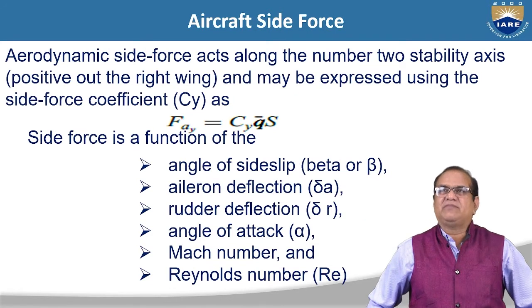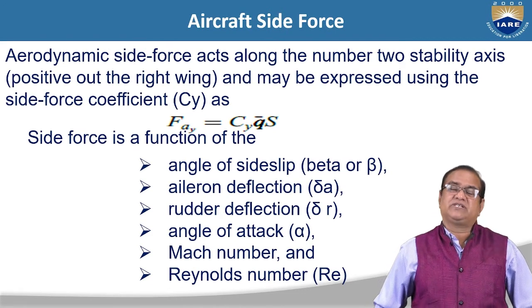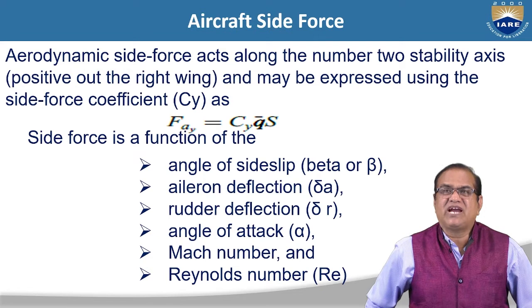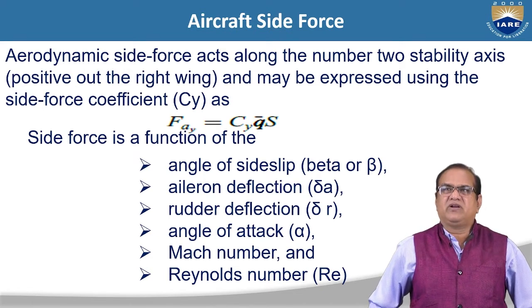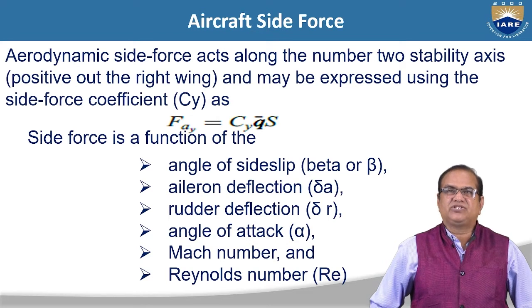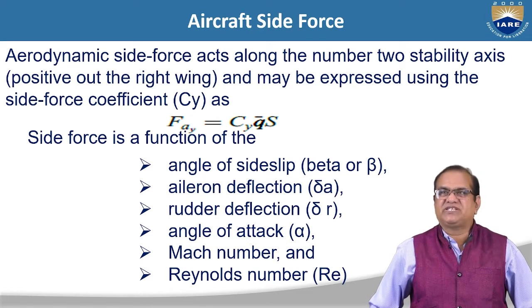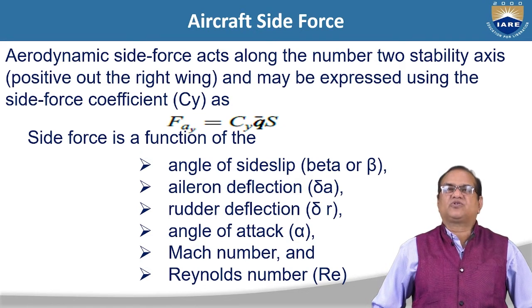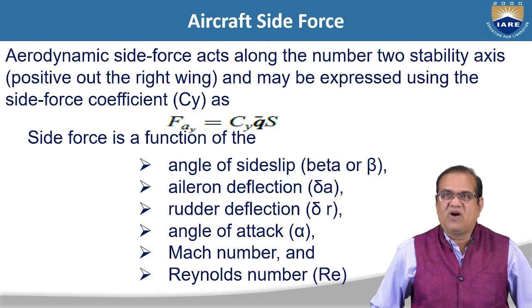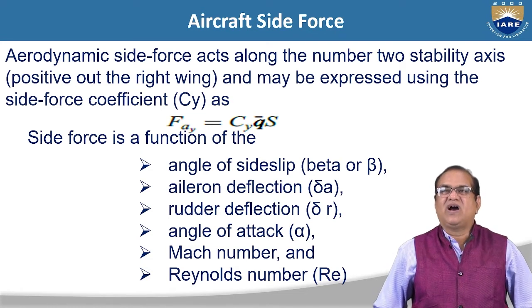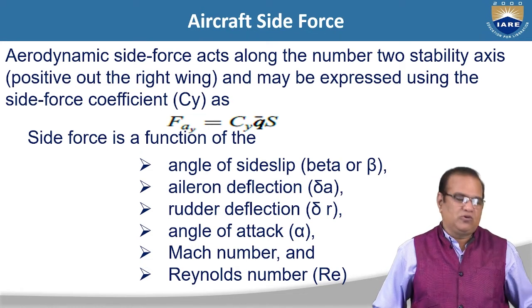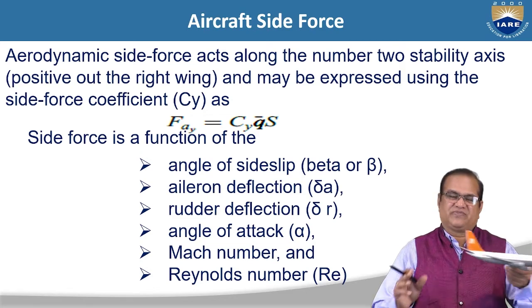Now aerodynamic side force, it is very important that aerodynamic side force acts along the number 2 stability axis, that is positive out the right wing, and may be expressed using the side force coefficient Cy as Fay is equal to Cy q S. So, side force.